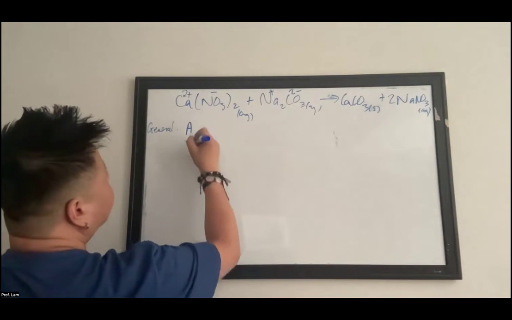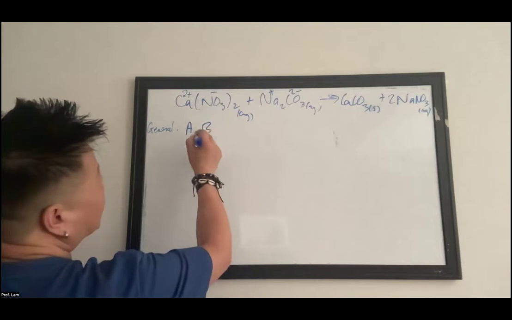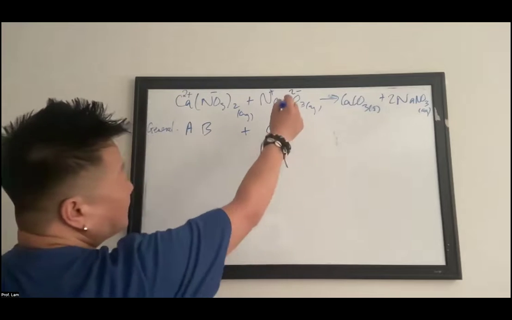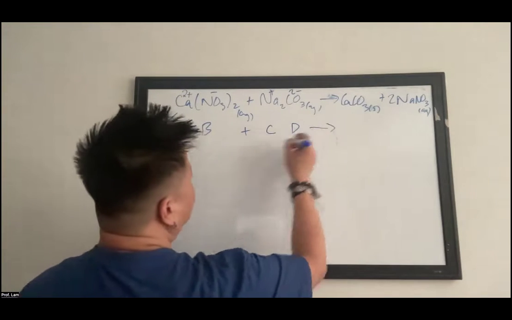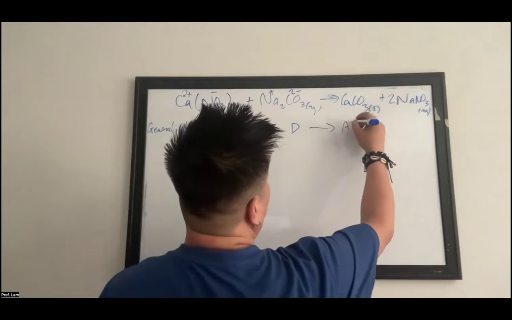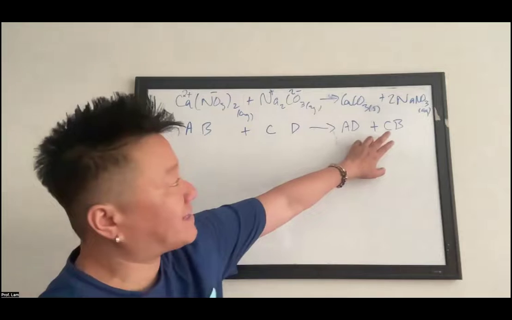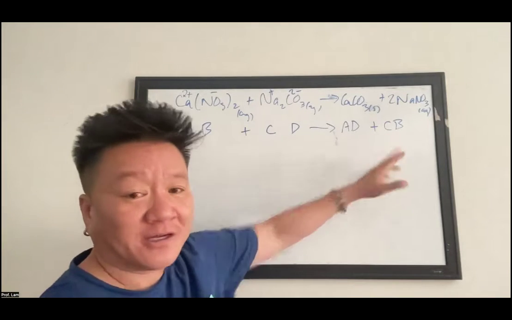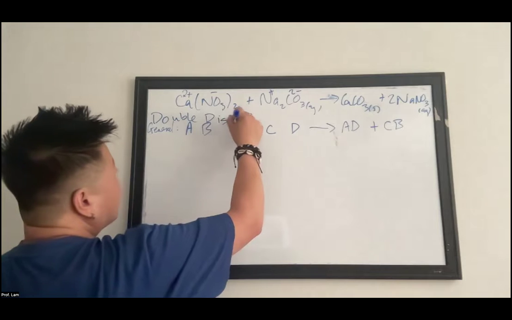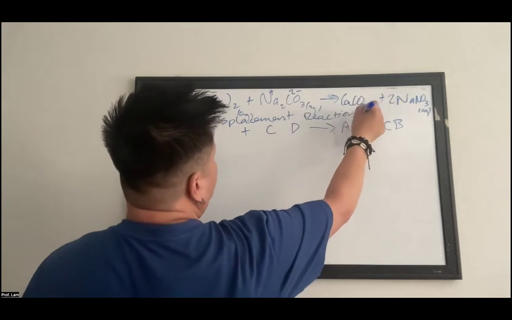You have A, B, okay, let's say nitrate's B, calcium's A, plus C, D. Let's say C is sodium and D is carbonate. What's going to happen is A is going to go with D and B is going to go with C. So AD plus CB. Why CB? Because you always write the cation first. Okay, so this is what we call a double displacement reaction. Okay.